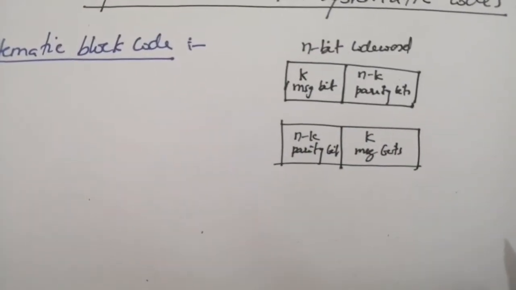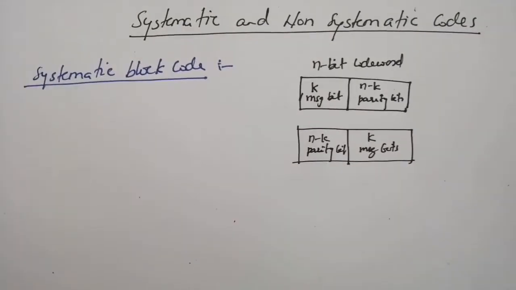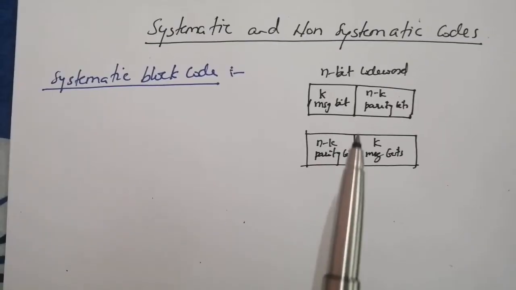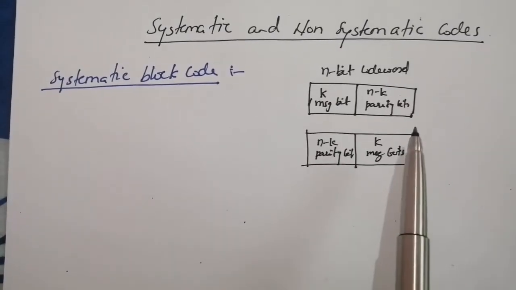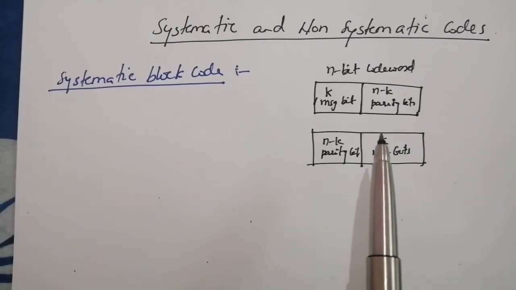That is, there is a definite structure for systematic block codes. In the case of non-systematic block codes, the message bits and parity bits are mixed together and you can't distinguish between the message bits and parity bits.